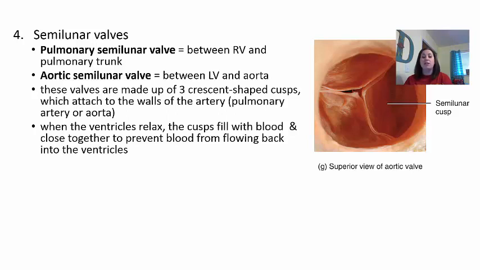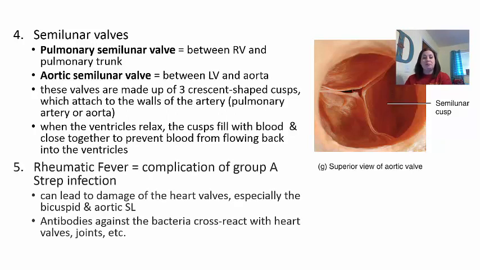This is to prevent the blood from flowing back into the ventricles. So they push the blood forward, but as the ventricles start their process of relaxing, these guys are going to close so that the blood can't come back in that opposite direction, because in this case, we are pushing blood up. Well, gravity wants to allow it to come back down. These valves help prevent that from happening.